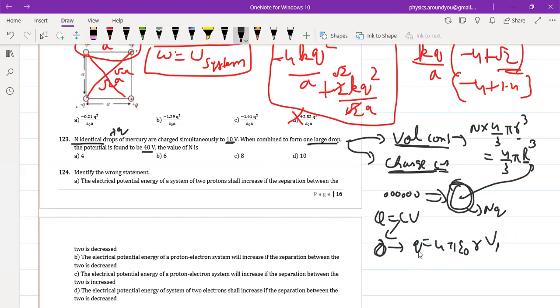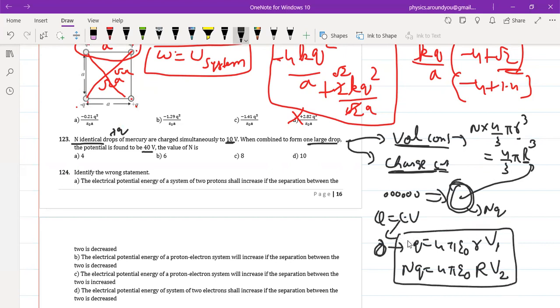Now we apply the same equation for the big drop, which is nQ equal to 4 pi epsilon naught capital R into the voltage. Let the voltage be V2. So I have got this information with me, and I also have this information. I cancel 4 by 3 pi, 4 by 3 pi.